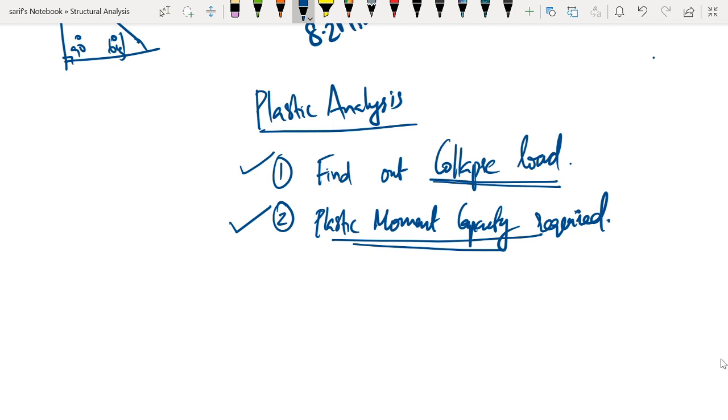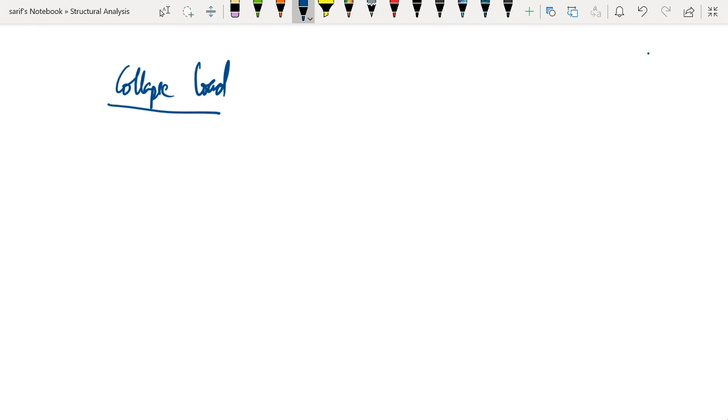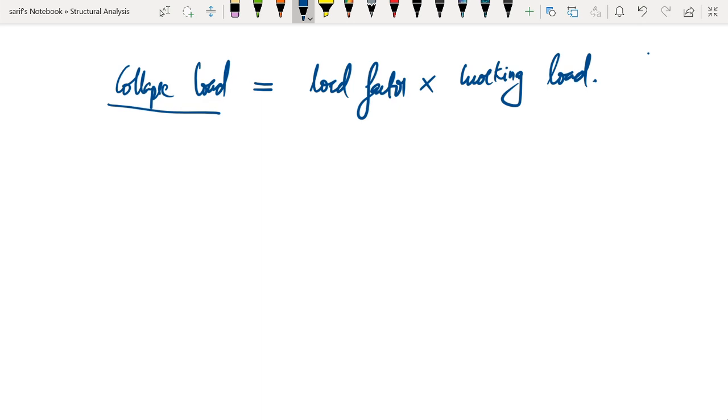So the very first concept that we have to understand is the concept of collapse load. The collapse load is defined as load factor multiplied by working load.